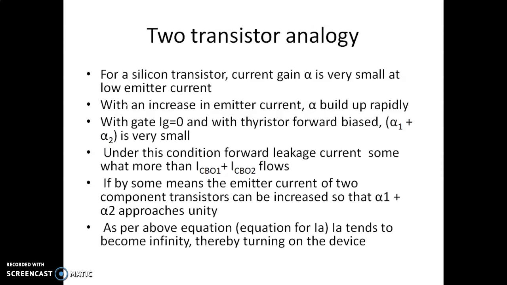Under this condition, forward leakage current is somewhat more than ICB01 plus ICB02. If by some means the emitter current of the two component transistors can be increased so that alpha 1 plus alpha 2 approaches unity, as per the equation, IA tends to infinity, thereby turning on the device.